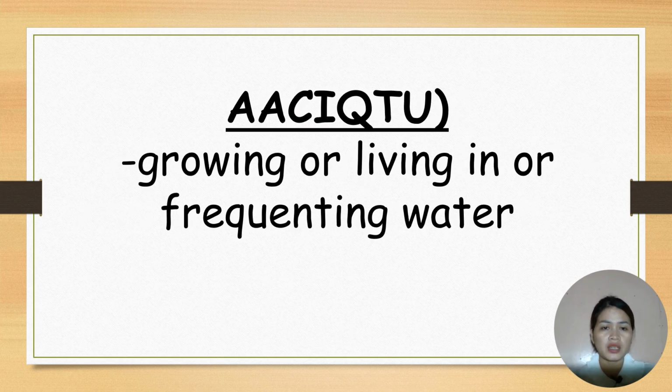How about this one? We have 9 letters. Growing or living in or frequenting water. These are mostly plants and animals, not necessarily plants and animals, but they grow or are related to water.